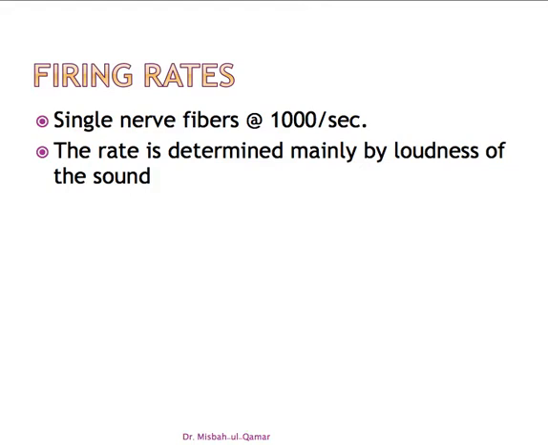This rate is determined mainly by the loudness of the sound. At sound frequencies up to 2000 to 4000 cycles per second, the auditory nerve impulses are synchronized with the sound waves.